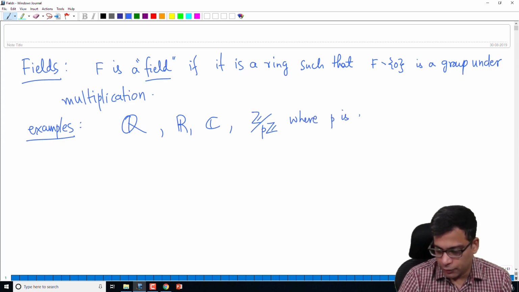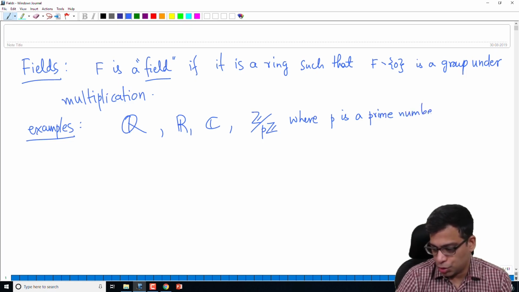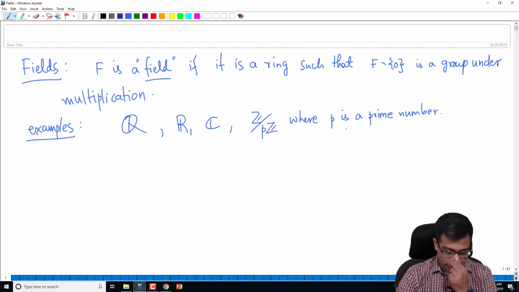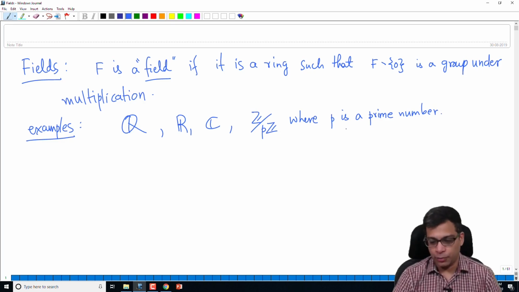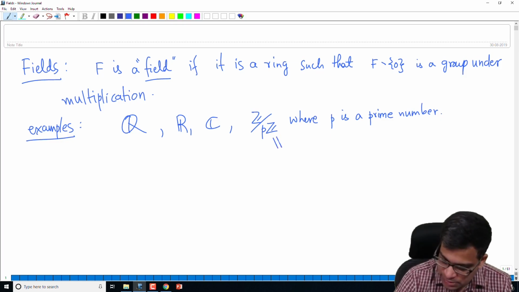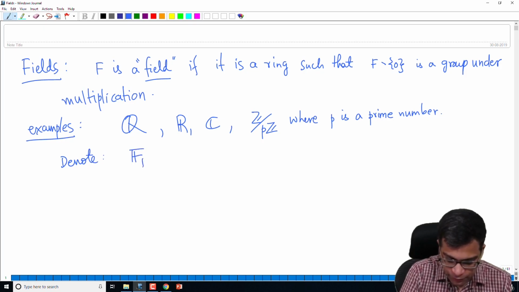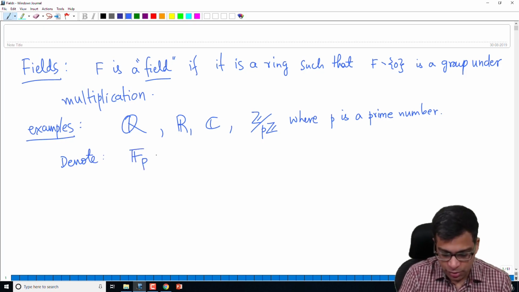In the beginning of the course, when I defined quotient rings and we discussed Z mod NZ, we proved that Z mod NZ is a field if and only if n is a prime number. So in the rest of the course we are going to use P to denote a prime number. In this field we denote usually by FP, F written with this special symbol, FP is Z mod PZ.